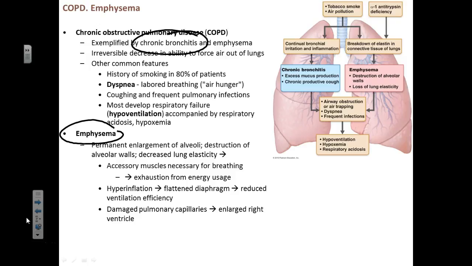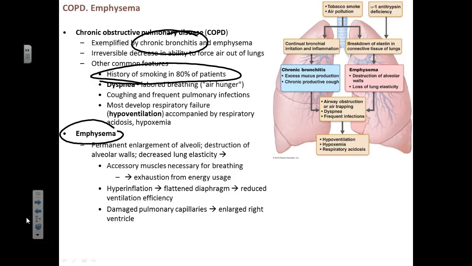It's essentially a chronic inflammation of the respiratory passages. It can be caused by infection, it can be caused by the inhalation of toxins, mostly smoking. Smoking is actually probably the most important risk factor for any lung disease.